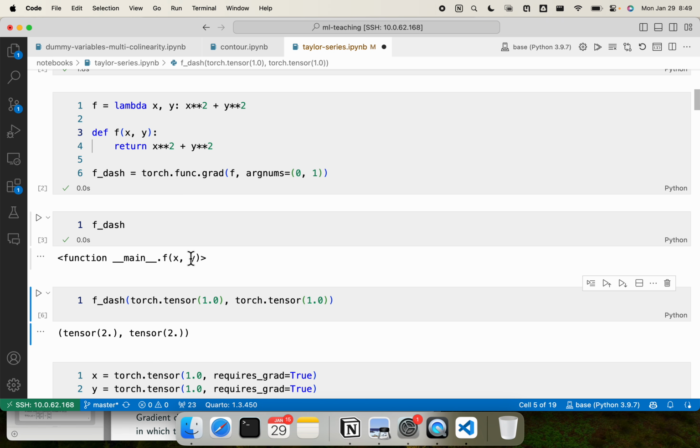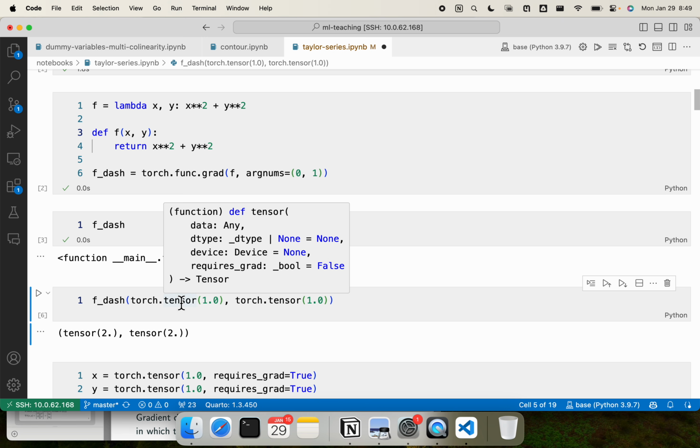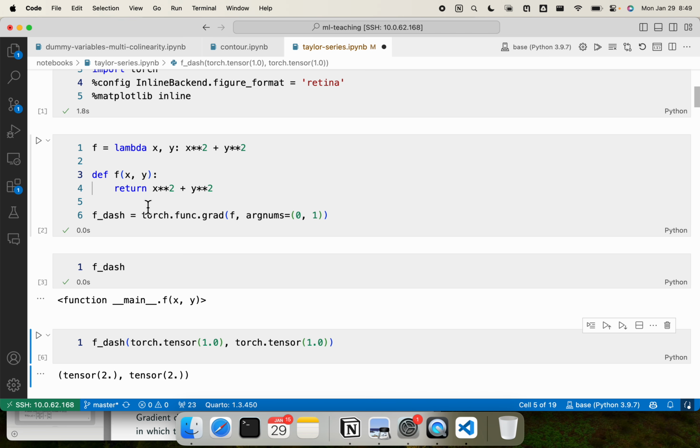So, in this way, you start with a function, call torch.func.grad on it, pass in the respective argument numbers, and you get another function. Now, if I want to compute the gradient of f at values 1, 1, I use this function f dash, the gradient function. I pass in the value 1, 1 and I get my answer 2, 2, which is as you'd expect because the gradient you'd calculate was the vector 2x and 2y.